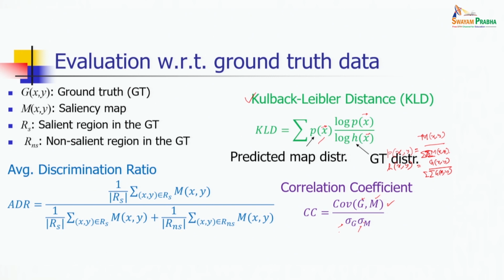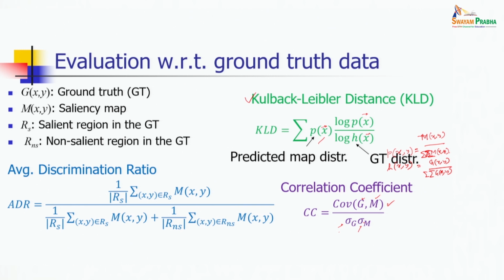Besides these three, you can also consider detection of salient pixels as a classification problem, whether a pixel is salient or not. The ground truth gives the true classification of every pixel. With respect to that, you can define measures like for a classifier.